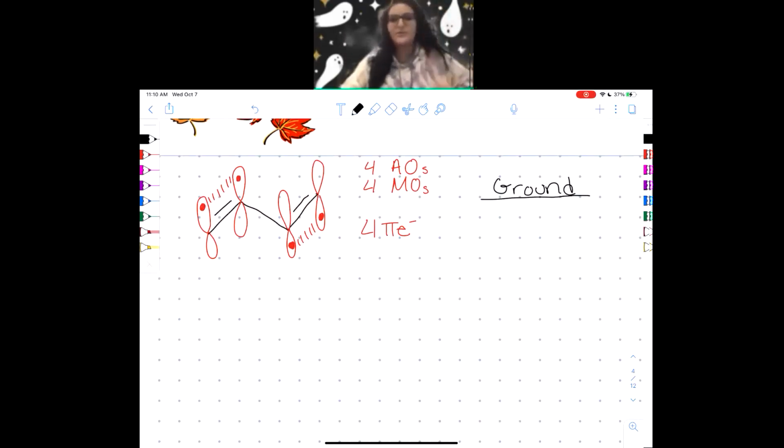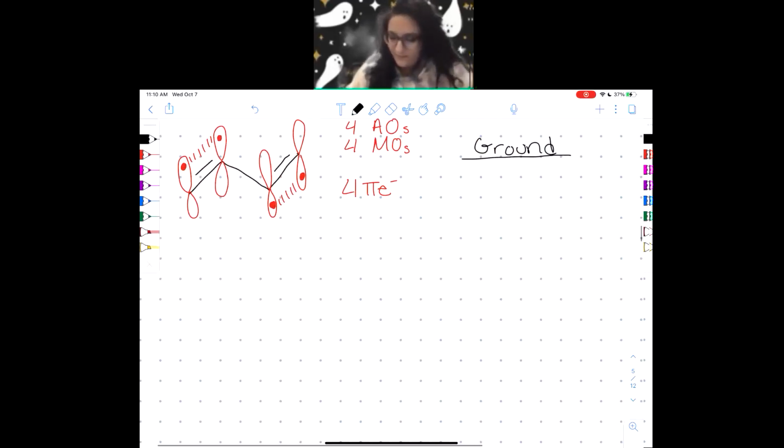So when we're drawing the molecular orbital energy diagram, it's going to be one line for each orbital. So since we have 4 orbitals, we're going to draw 4 lines, like so.